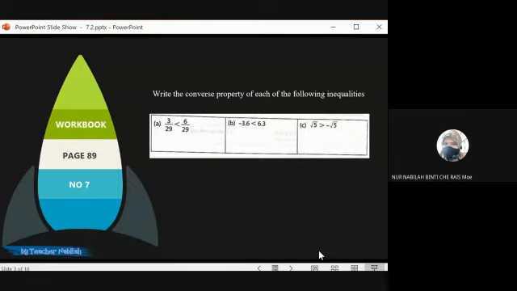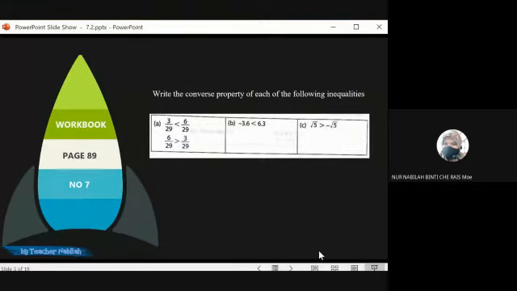So you can do it: negative 3 over 29 less than 6 over 29. You can write on your exercise book now. So it should be 6 over 29 more than negative 3 over 29.